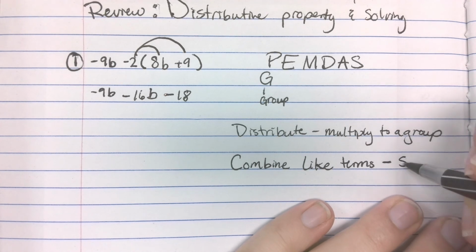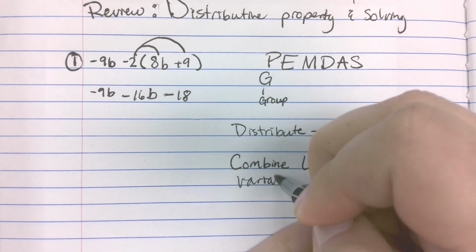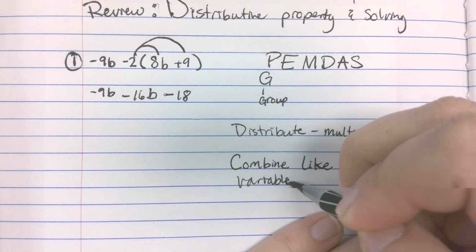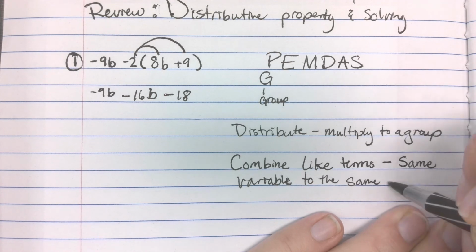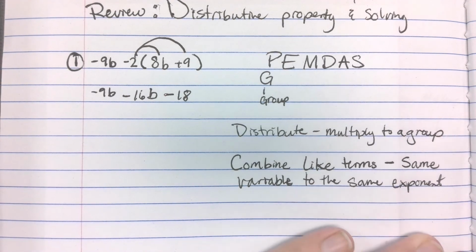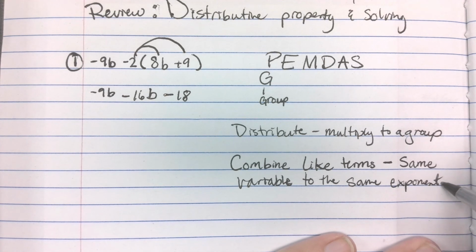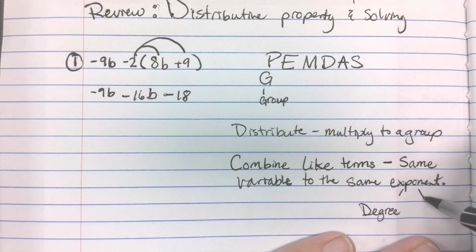It has to have the same variable to the same exponent. Another word for exponent is also, we can also say degree. We can also say power.